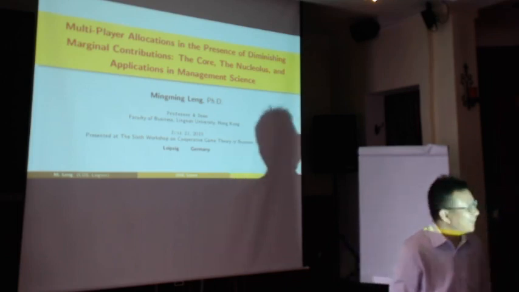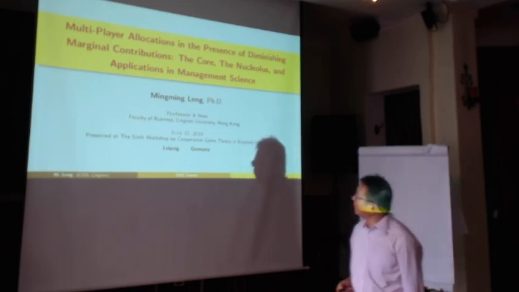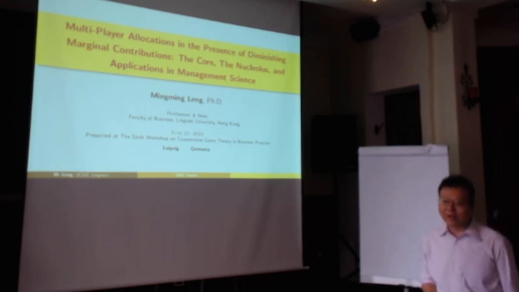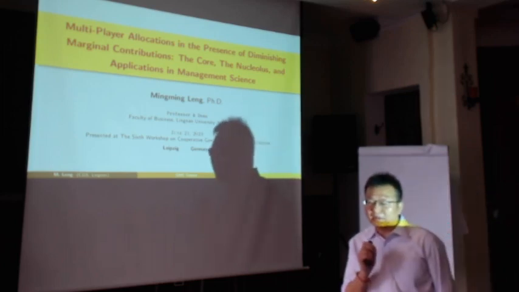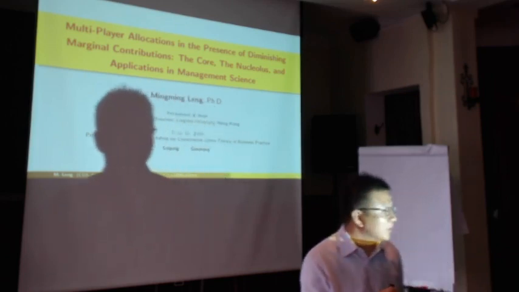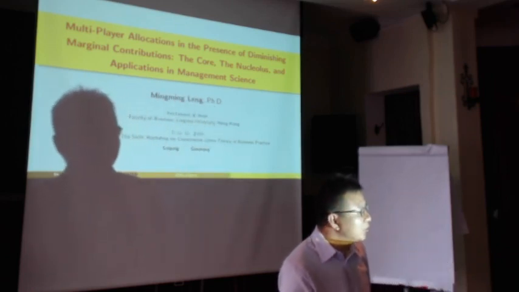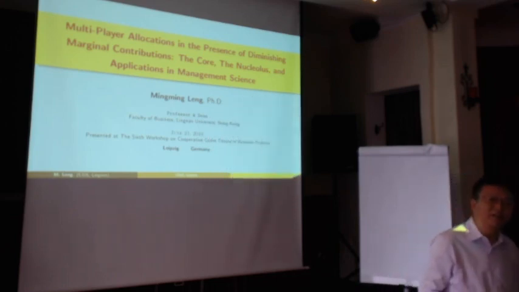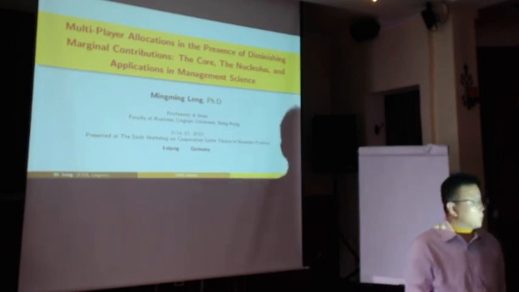So, okay. Now, this paper is about applications of cooperative game theory in marine science. Actually, we consider the law of diminishing returns. Based on the law of diminishing returns, we identify a new class of cooperative games.